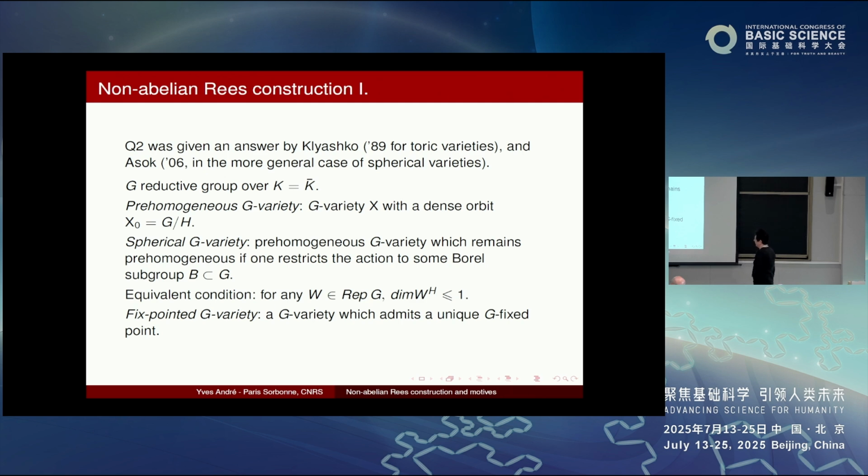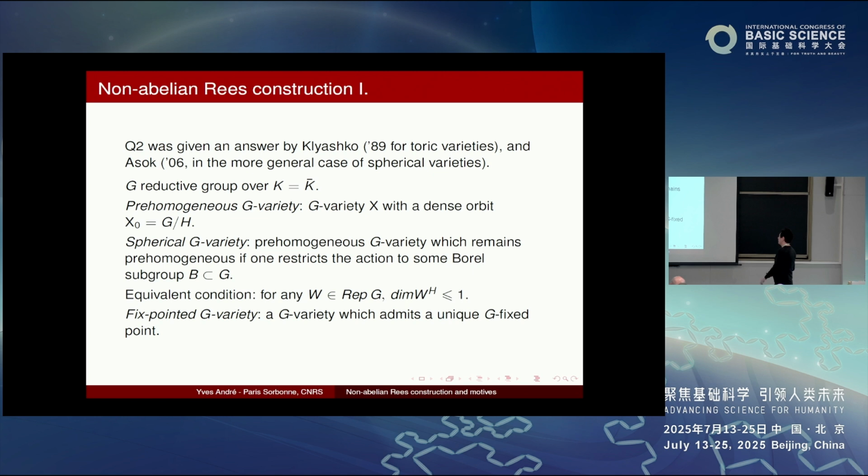Now, a spherical G-variety is a special kind of pre-homogeneous G-variety, which remains pre-homogeneous if one restricts the action of G to some Borel subgroup B of G. So this is a geometrical definition of a spherical variety, but there is an equivalent condition, of a more representation-theoretic flavor, which is the following one.